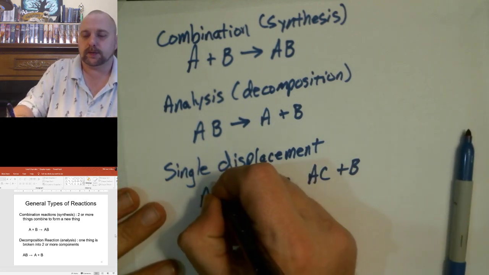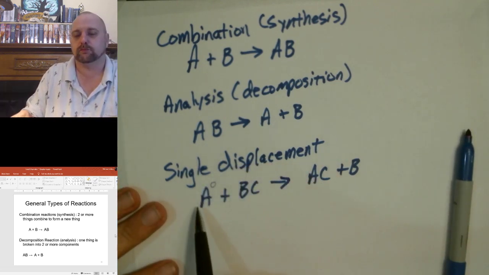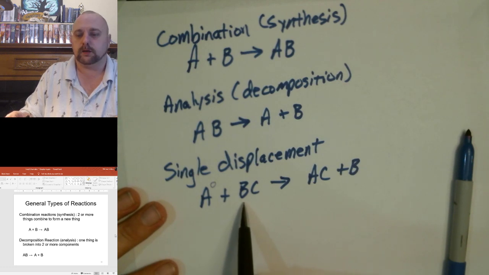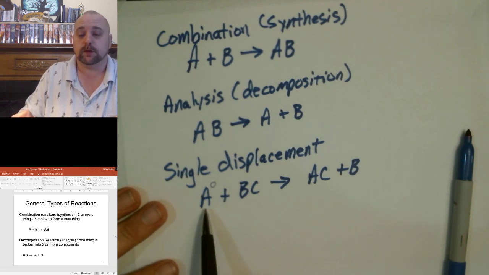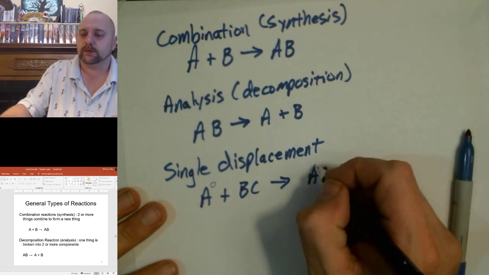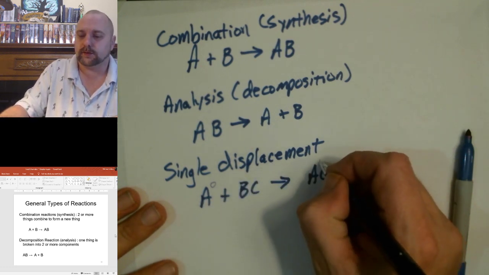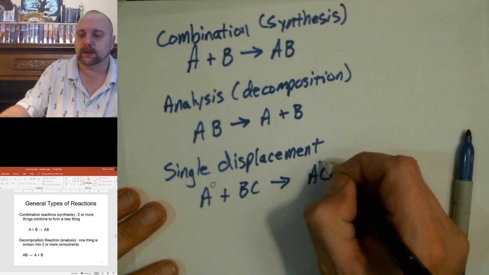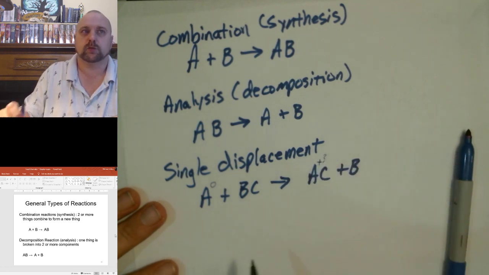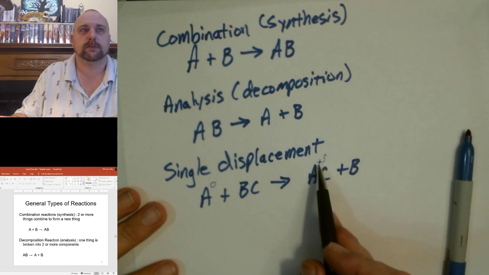First, the A by itself. Now they may move that BC, you might see BC plus A, but the thing by itself will have a zero charge. When it's with something, it'll have some kind of positive charge. We don't know what, but it'll be a positive.